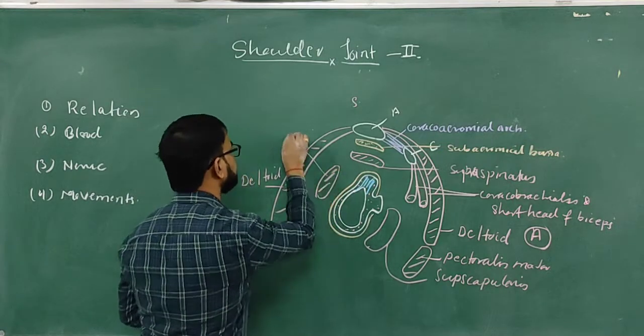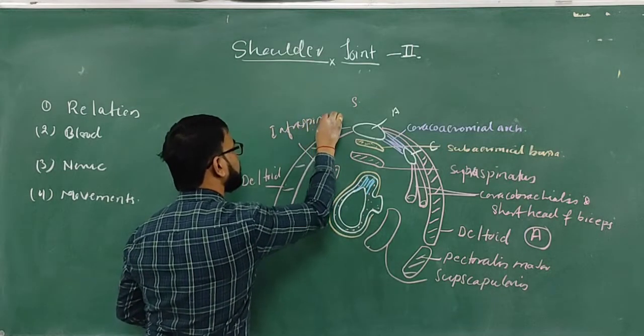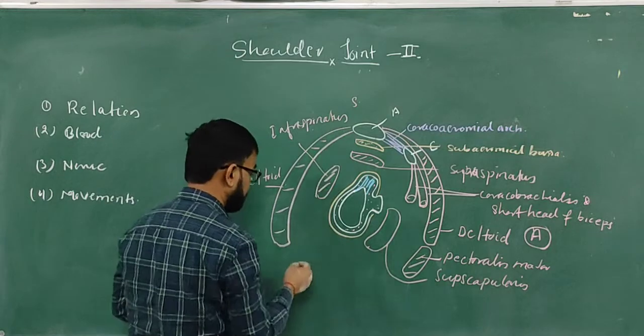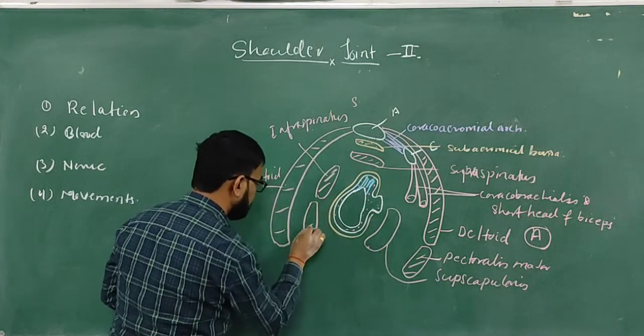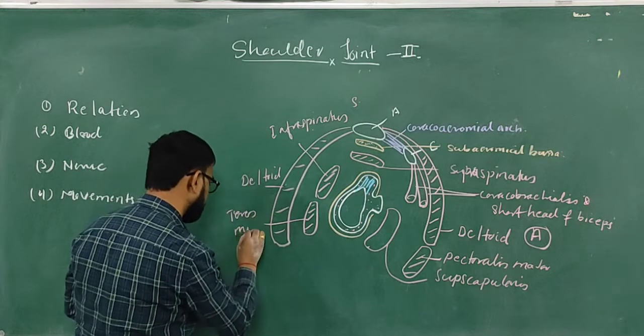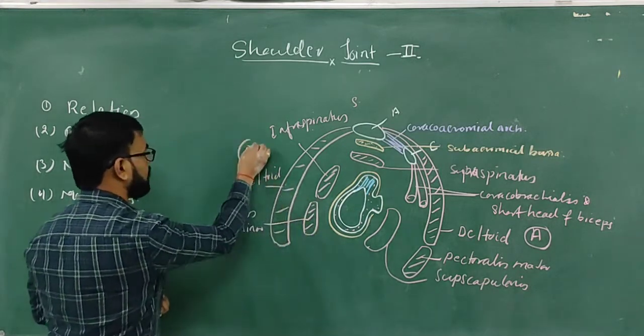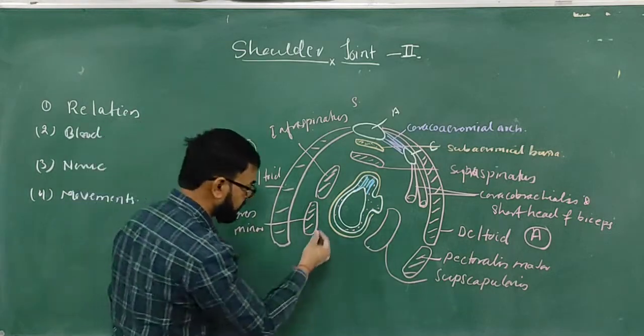Infraspinatus, teres minor: this is the posterior relation of the shoulder joint.